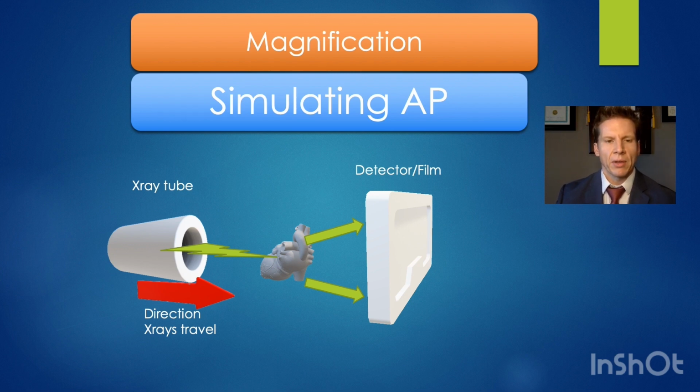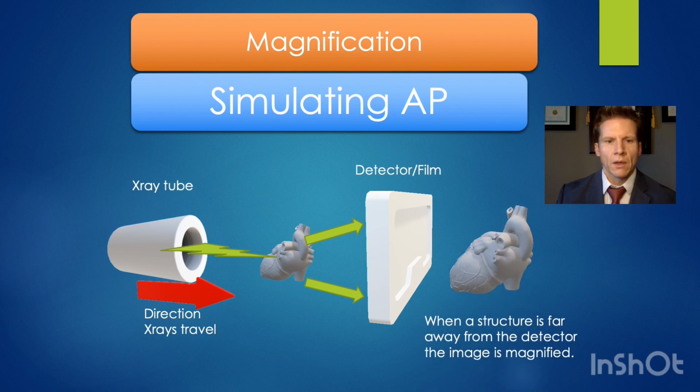The same concept applies to visible light when you are using shadow puppets, and you can try that for yourself, putting your hand further away from the wall or closer to the flashlight. When this happens, the structures that are further away from the detector become magnified.